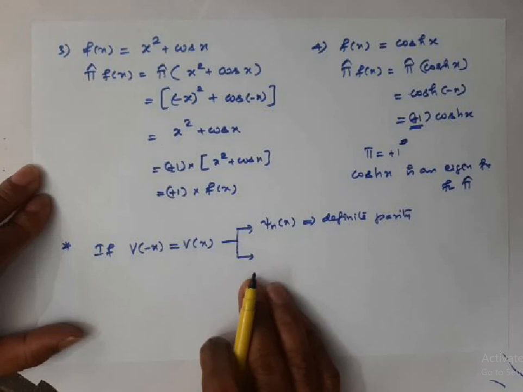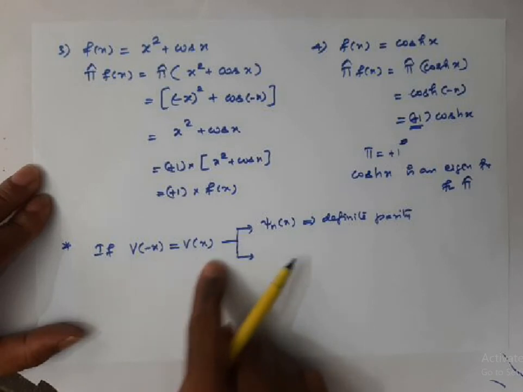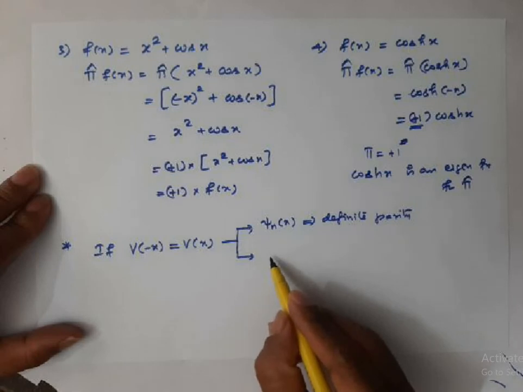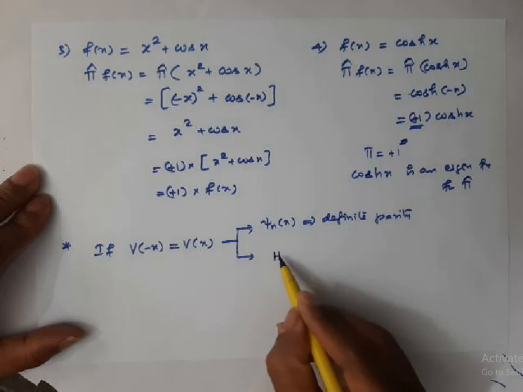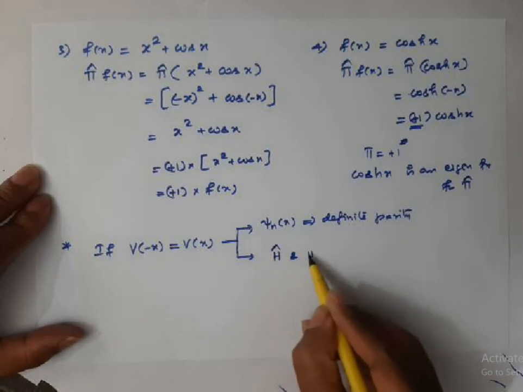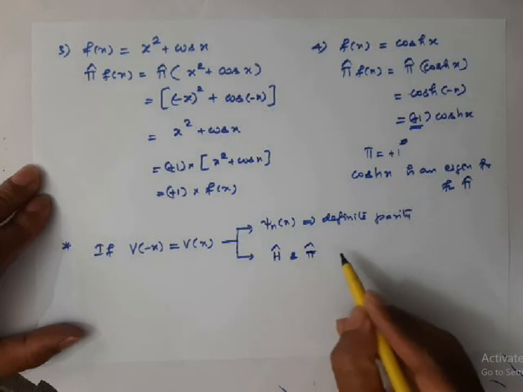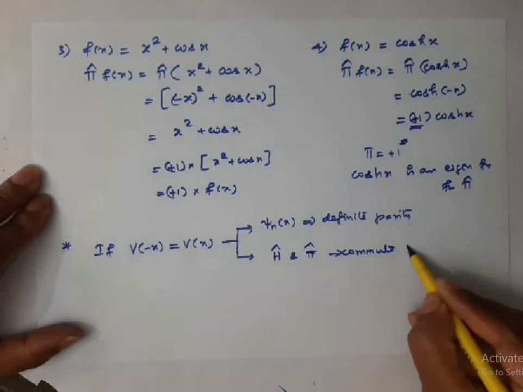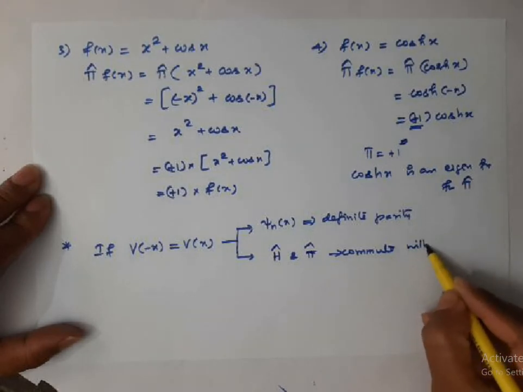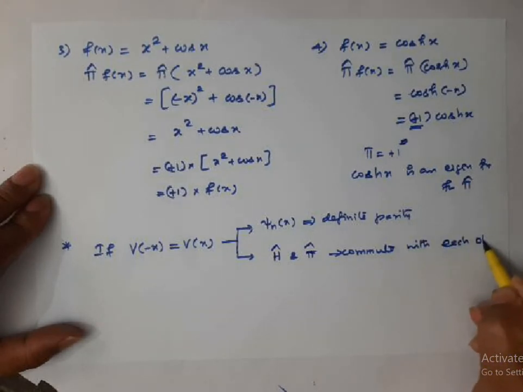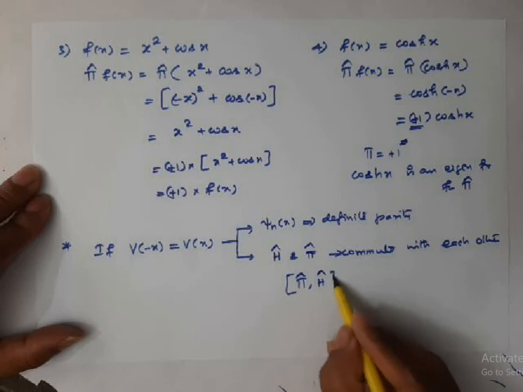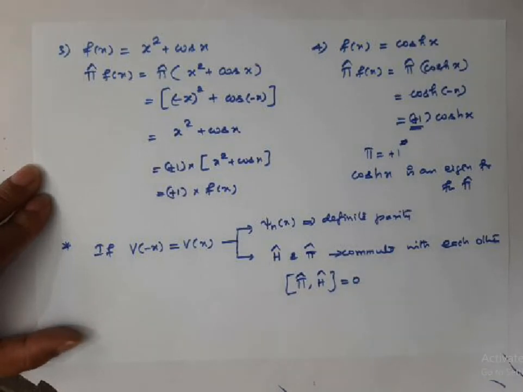The second point is that whenever potential energy is an even function, the Hamiltonian operator and the parity operator commute with each other. That is, the commutator of the parity operator and the Hamiltonian operator is equal to 0. What is the meaning?